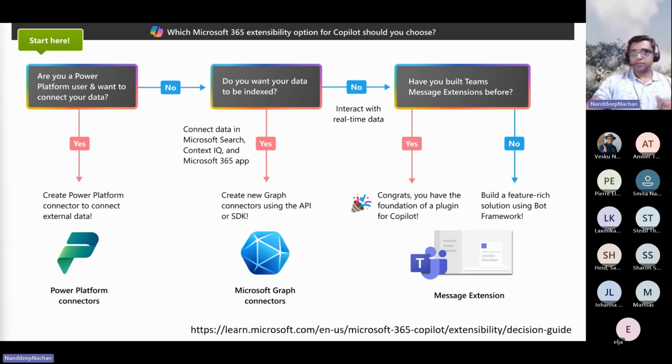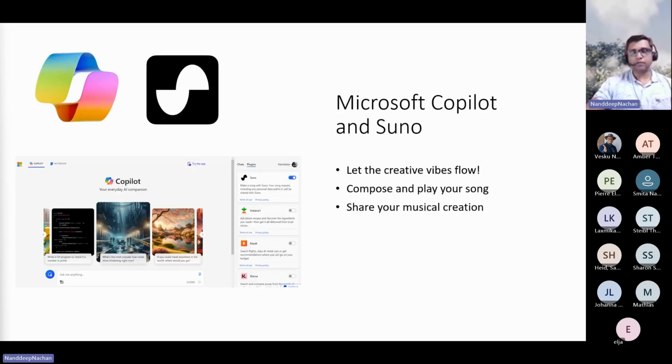I guess that was pretty much the theory we wanted to cover. But now let's get into one of the examples which even Microsoft uses. This generative AI is making big changes in how we can communicate and work with technology.